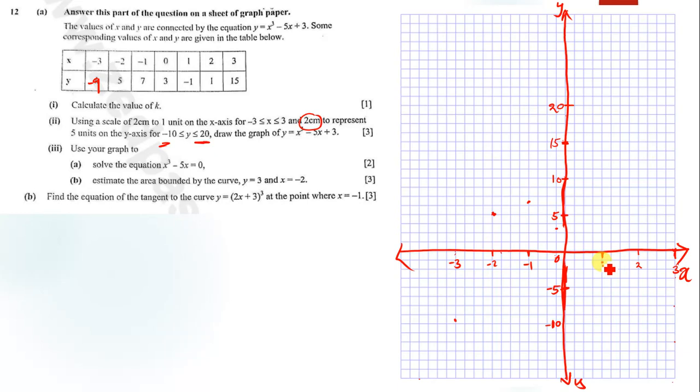So this is 1 comma negative 1. I don't know why this is not coming out as expected, anyway, let's see. So 2 comma 1, 1 can be somewhere there.